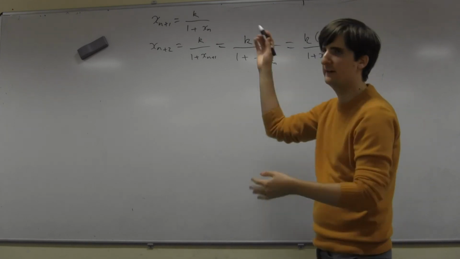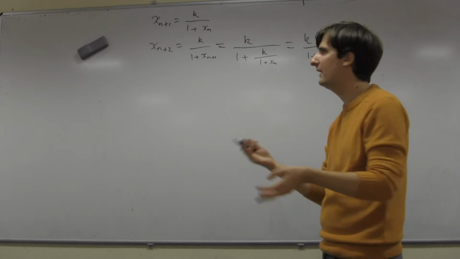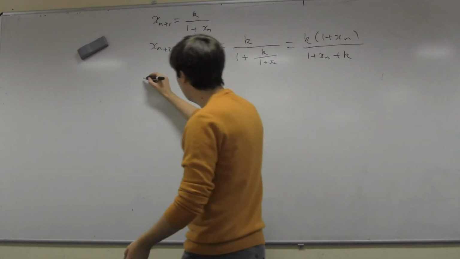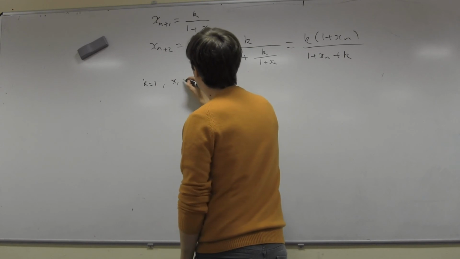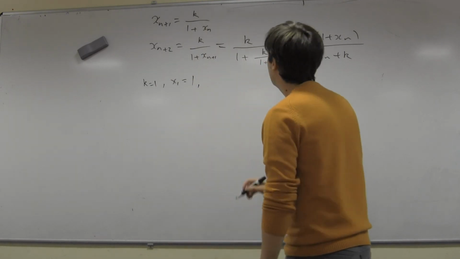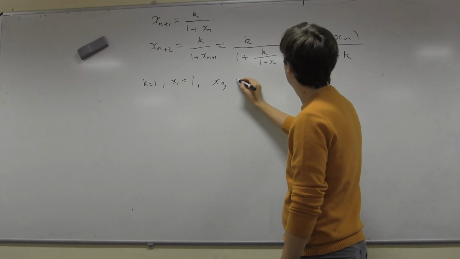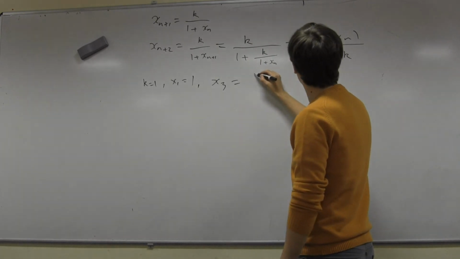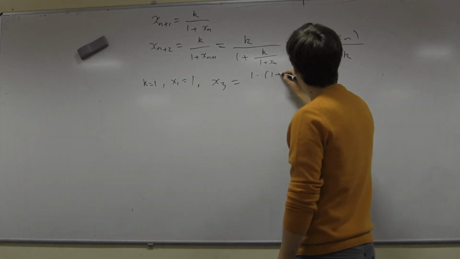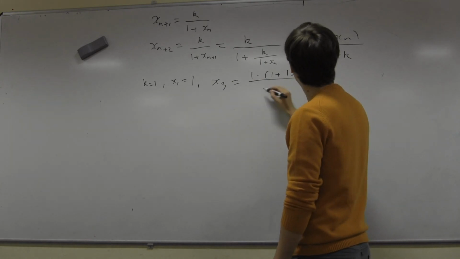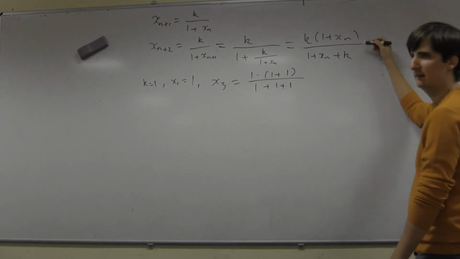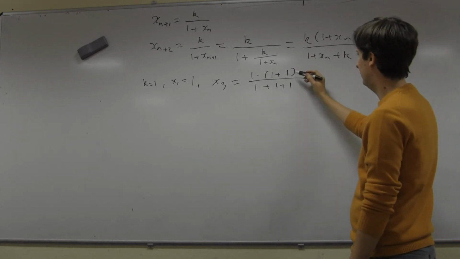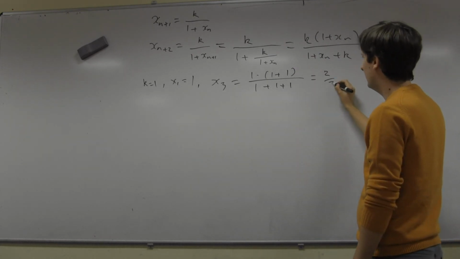So let's just try something. Let's just get some feel about how it works. Suppose that k equals 1, and suppose that x1 is equal to 1. Then we know that x3 is equal to 1 times 1 plus 1 divided by 1 plus 1 plus 1. Just plug in numbers there. So this is 2 divided by 3, so this is 2/3.